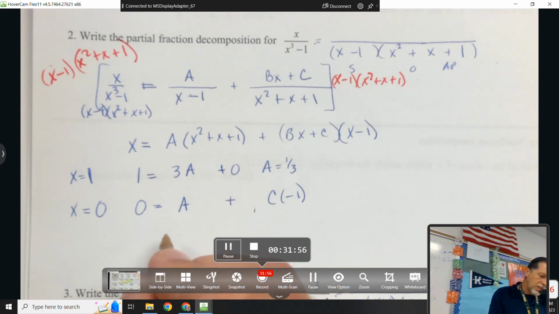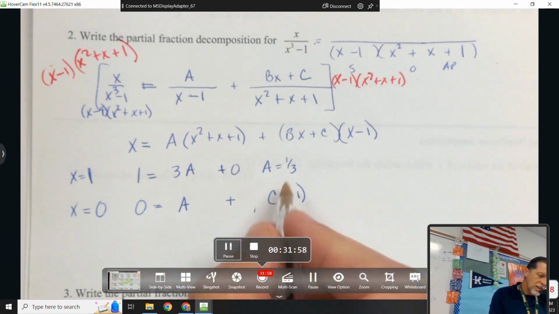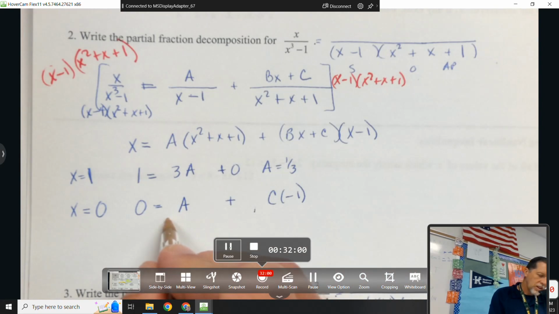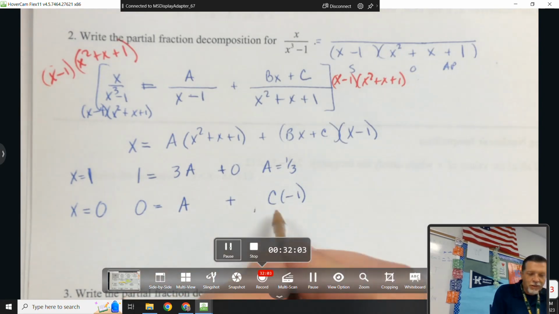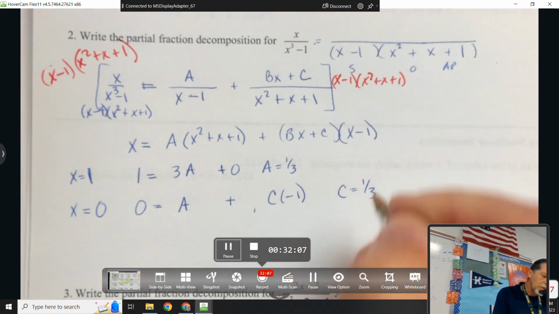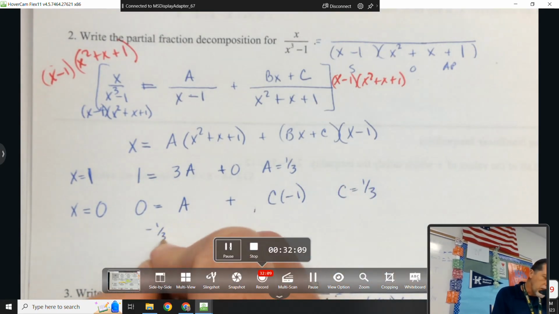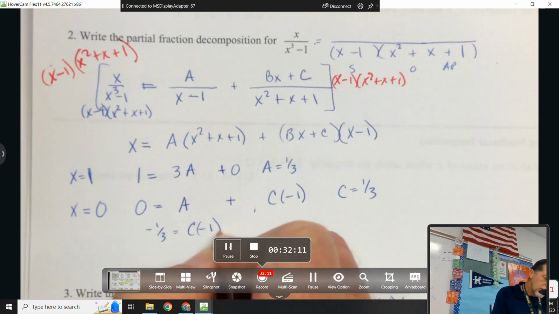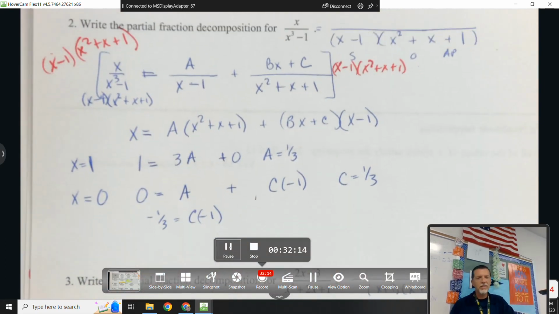It means c equals a. At some point, c equals 1/3, because c equals a. Or plug in 1/3 and move things around, and c equals 1/3 also.